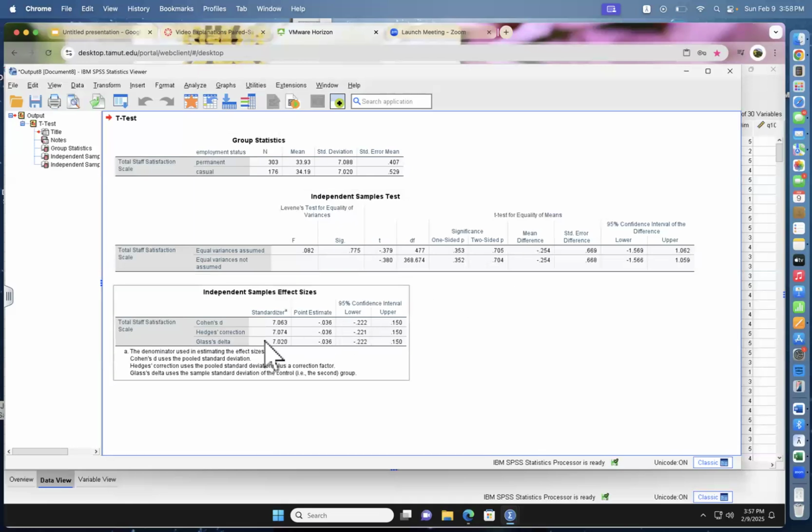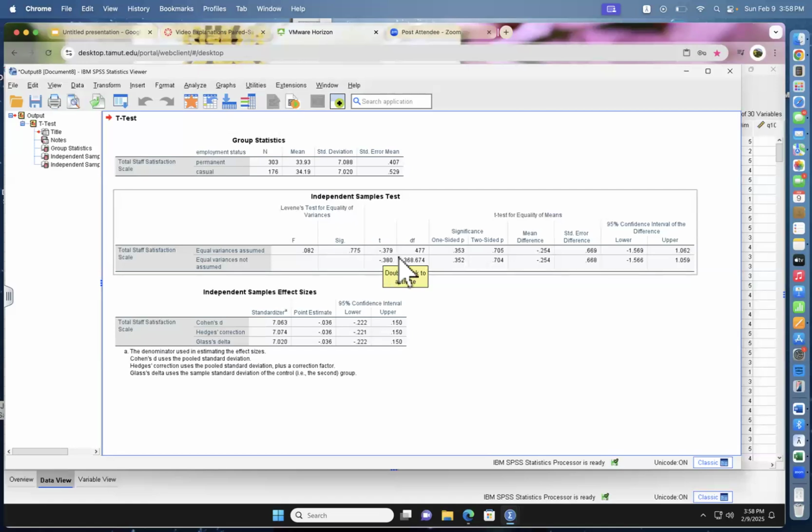And we're going to look here at our Cohen's d and set up our eta squared. So for my formula for eta squared, I have to look at my t-value. So my t-value is -0.379.